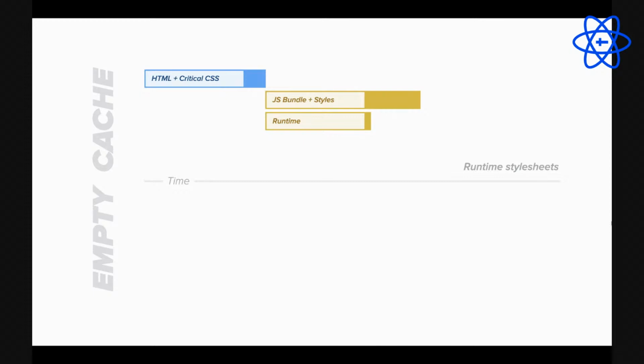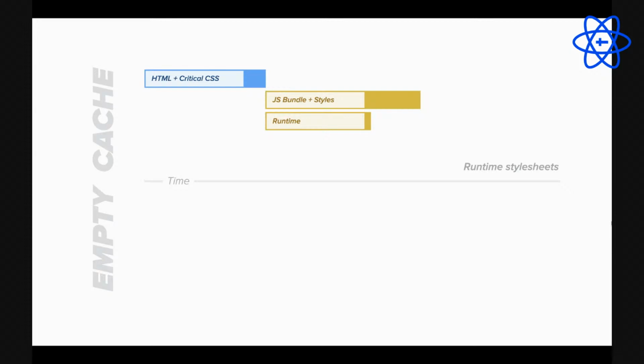We are downloading the HTML, which contains the critical CSS if we are performing server-side rendering. It takes some time to download that file, and after the file is parsed, considering that we are probably including the JavaScript files at the end of our document, those can begin to be downloaded and parsed as well.